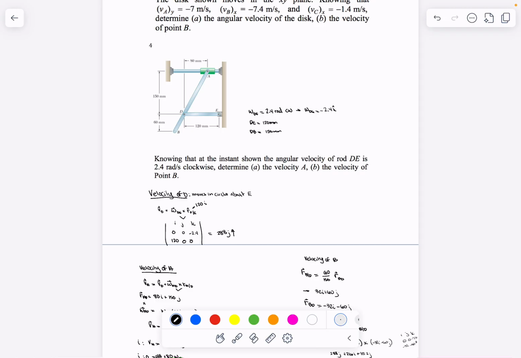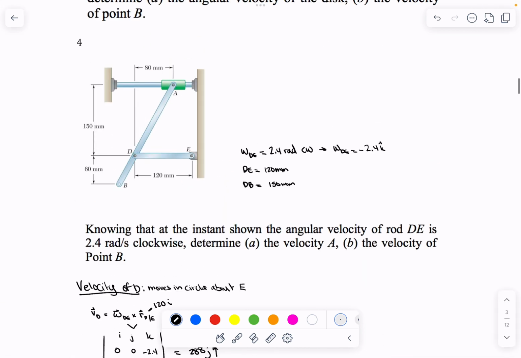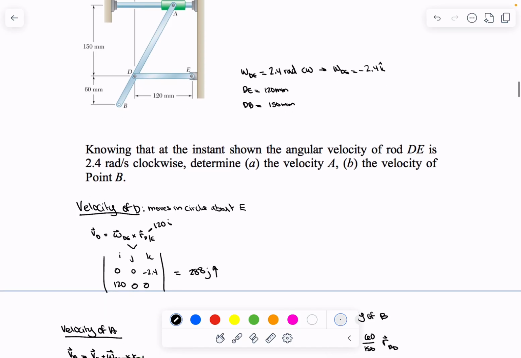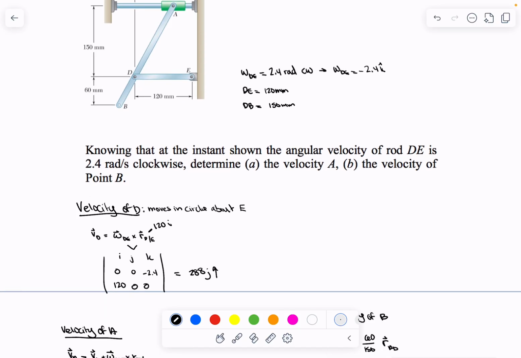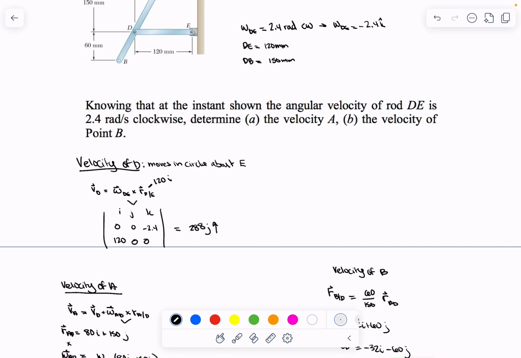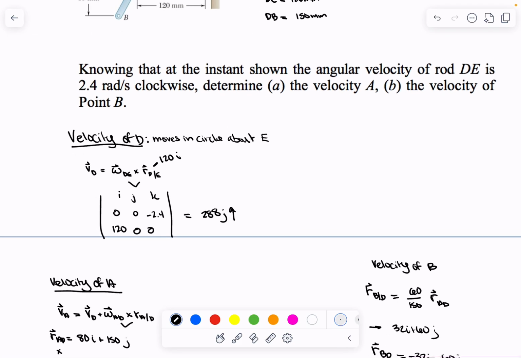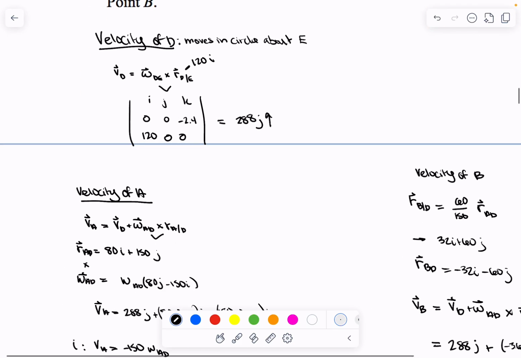Determine the velocity of A and the velocity of point B. So we're given omega of DE, and so it moves in a circle about E, so we're able to calculate the velocity. So the velocity of D is 288 J upward.